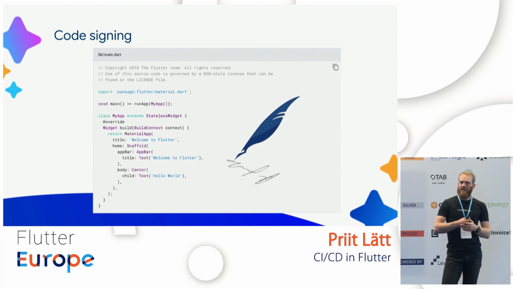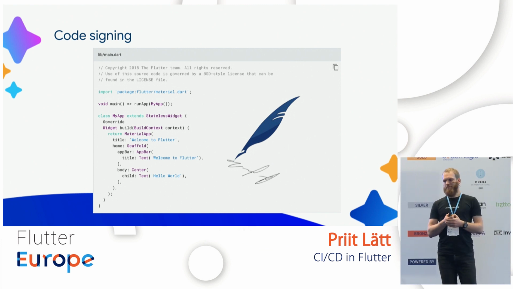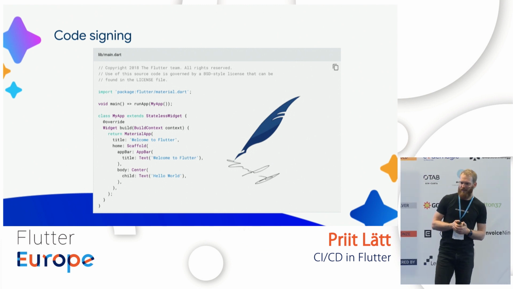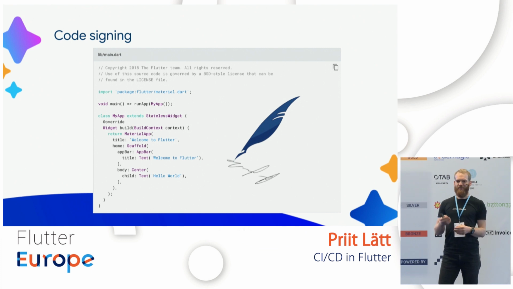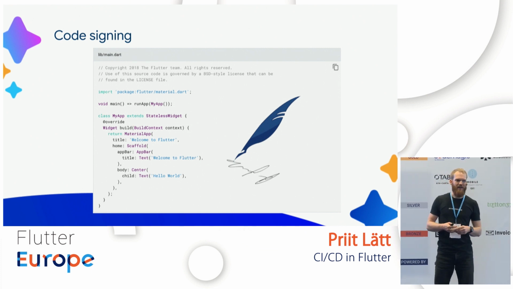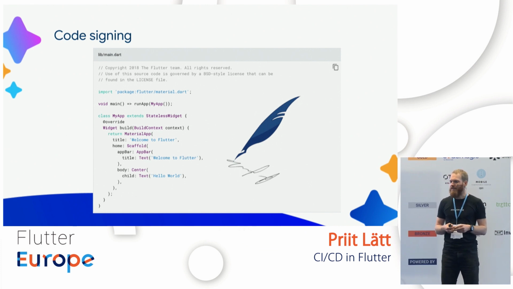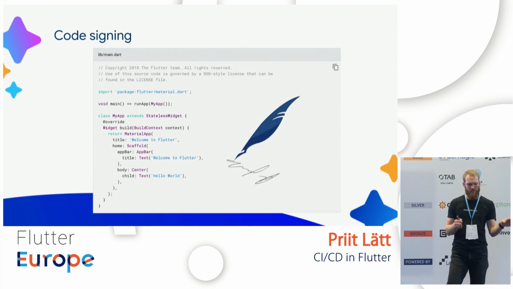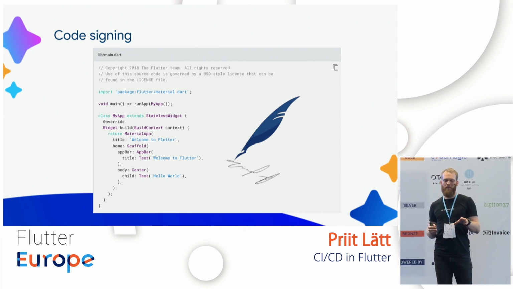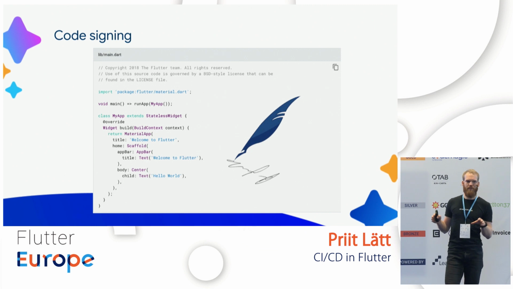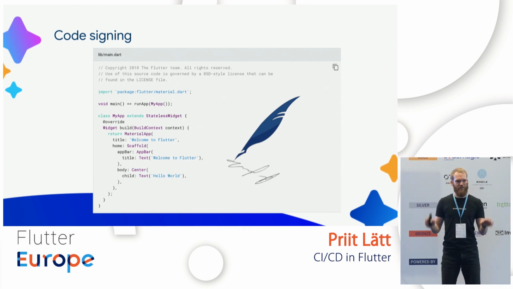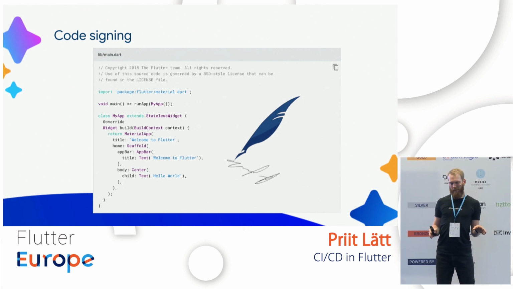Another part that CI, or CD, has to take care of is code signing. Flutter developers probably have their experience with it. I assume Android is usually the easy part. You just have the key store and passwords and aliases, but fairly simple, static stuff. You keep it intact, somewhere secure, it's okay.